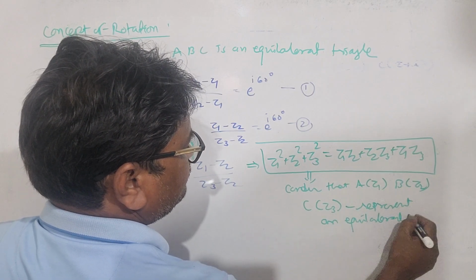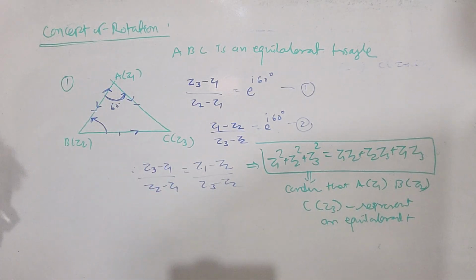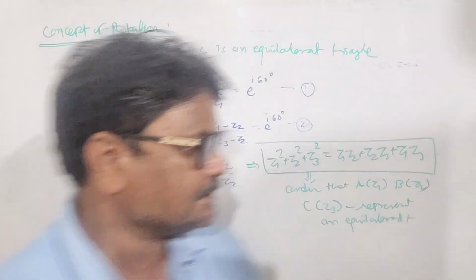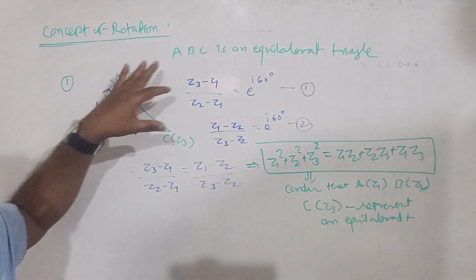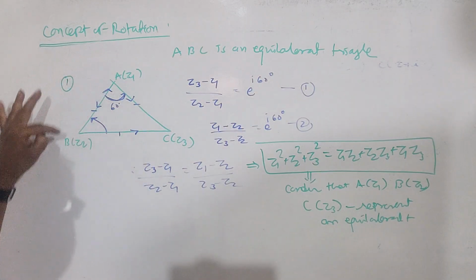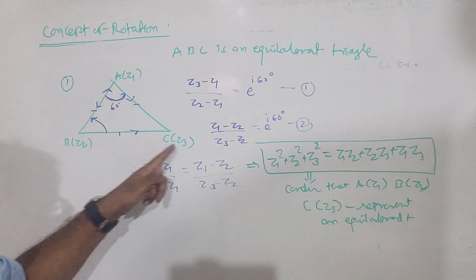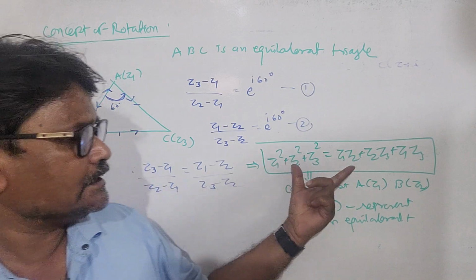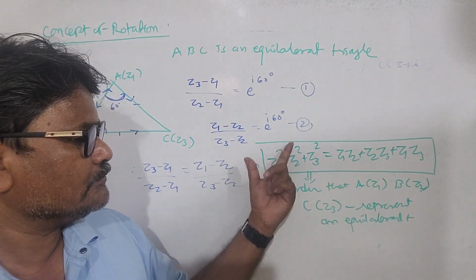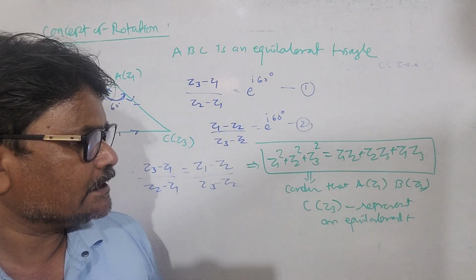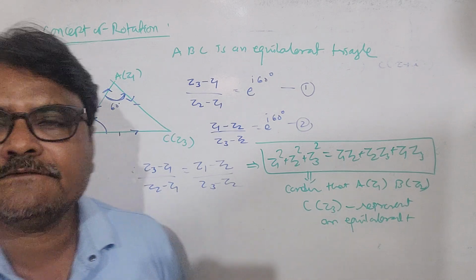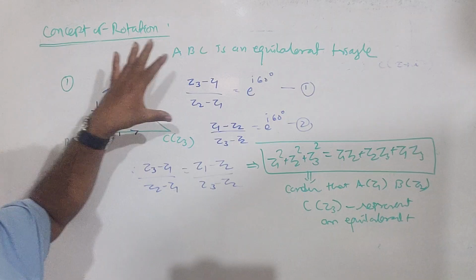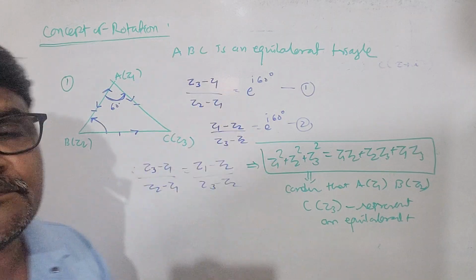So we have seen the two important applications of rotation of complex number. The vertices of a triangle A, B and C represented by Z1, Z2 and Z3 form an equilateral triangle if this condition holds: Z1 square plus Z2 square plus Z3 square equal to Z1 Z2 plus Z2 Z3 plus Z1 Z3, and we obtained that condition by using the concept of rotation of complex number.